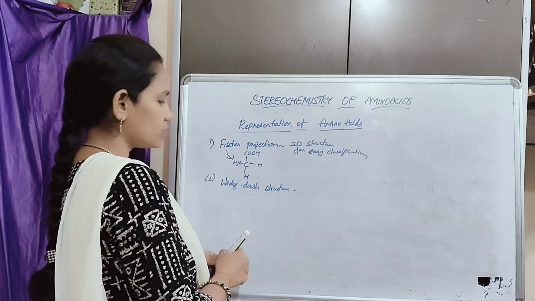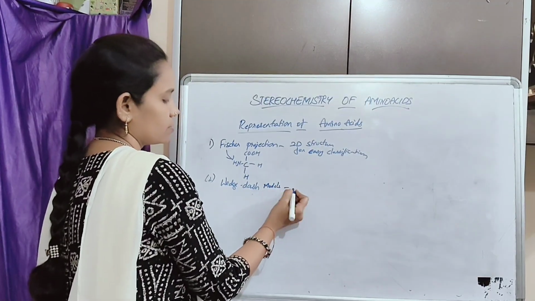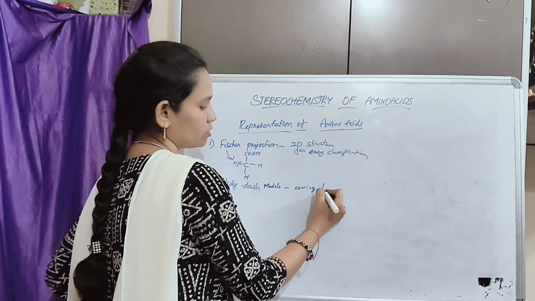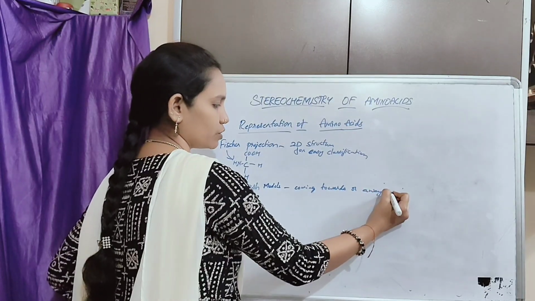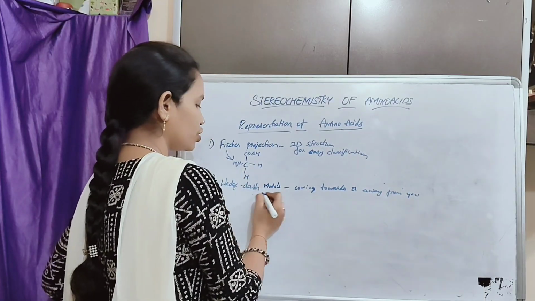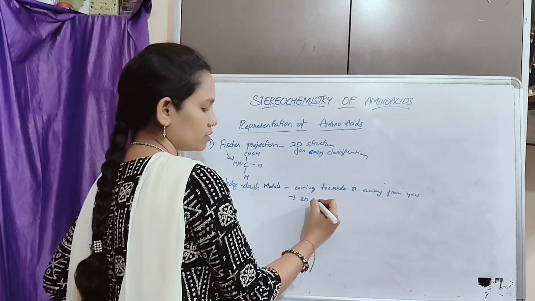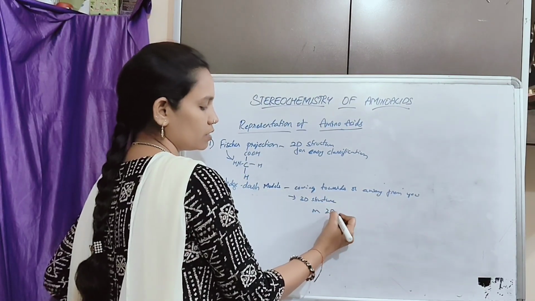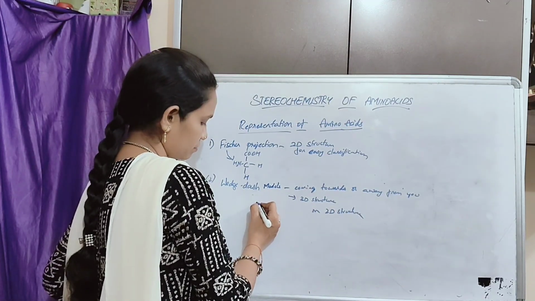Second, wedge dash models. This shows the bonds coming towards or away from you. I'll explain this with an example. So here wedge dash models are what? These are 3D, also to represent 3D structure only, but on paper we represent with a 2D structure. Let's see. I'm taking the example of alanine.